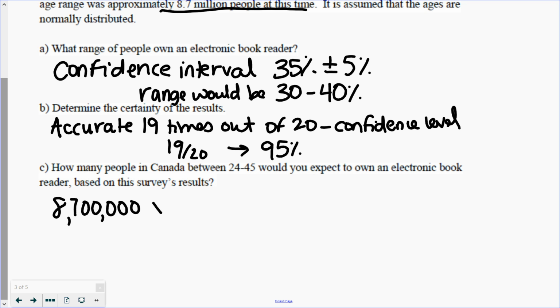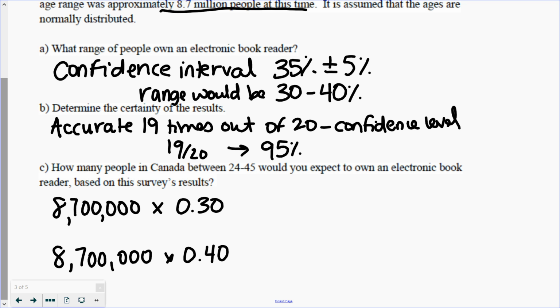So if we multiply this by 0.30, representing 30%, and we multiply it by 0.40, representing 40%, we'll get the range of how many adults we would expect, again, from that age range of 24 to 45, to have it overall. So multiplied by 0.30 is 2.61 million. And multiplying it by 0.4 is 3.48 million.